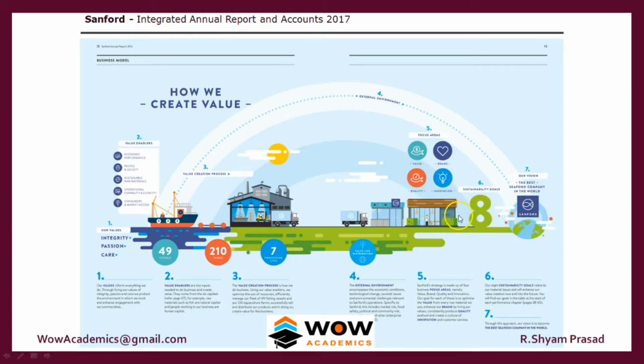So if the customer is going to pay around $10 for this fish, he pays $5 for fishing, $2 for cleaning, $2 for shipping, and $1 for the convenience of coming and buying it in the shop. So he's paying for each and every value that is being added.